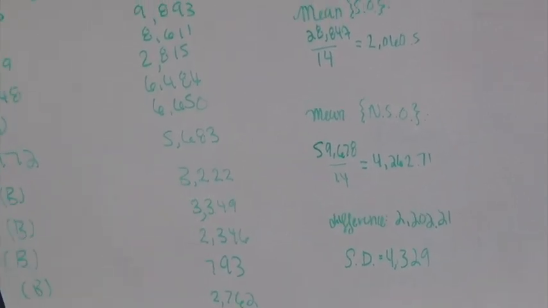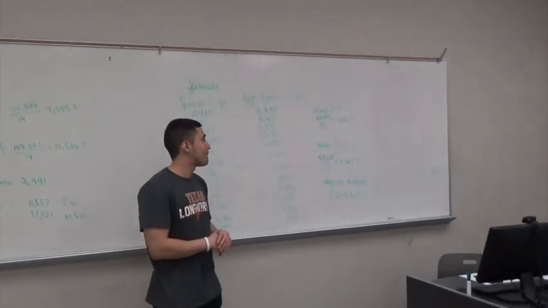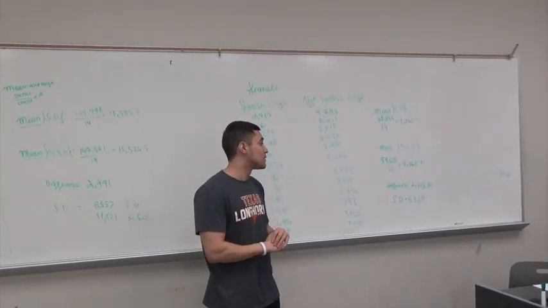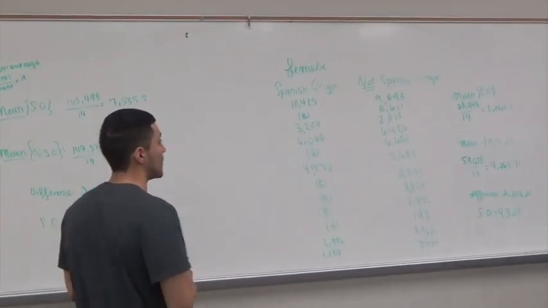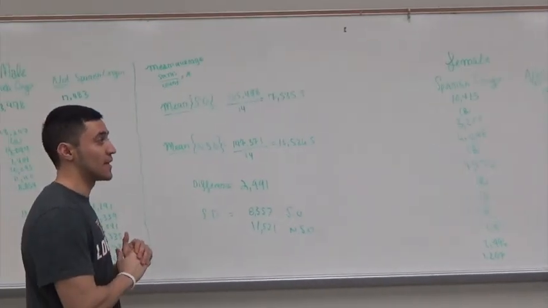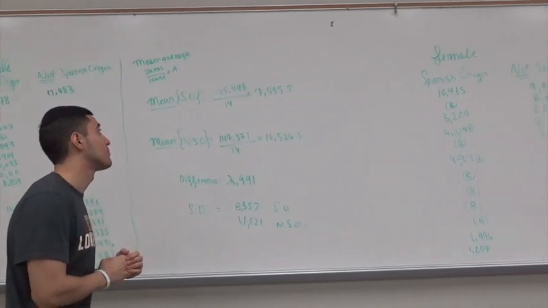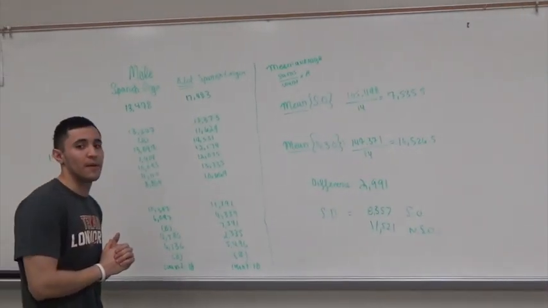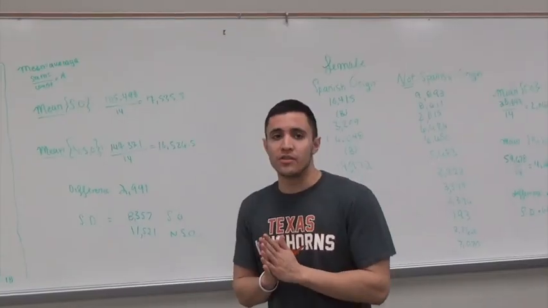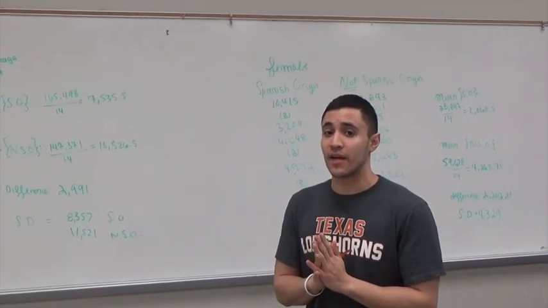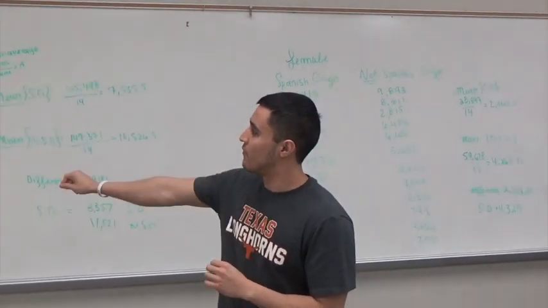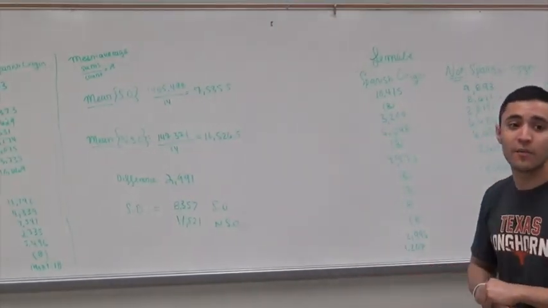So here students are able to use their skills in standard deviation and mean to see differences and patterns. Here we're using a real world situation: female Spanish origin workers and not Spanish origin female workers, as well as for the male. And in conclusion, as you can see, we covered two important topics. Not only was immigration a factor in wages, but as you can see, gender also played an important role.